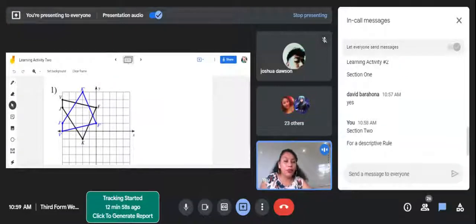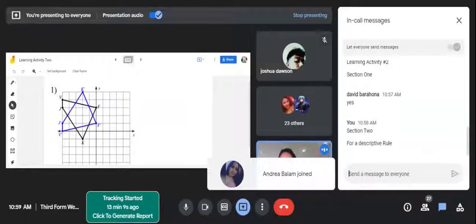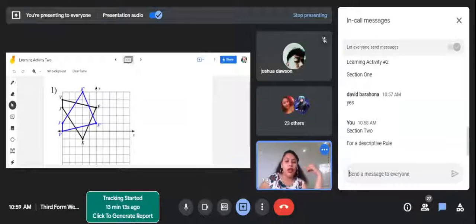Take a look at where F is and where F1 is, where K is and where K1 is, where J is and where J1 is, and where V is and where V1 is. Where do you see the reflection happening? The reflection line has to be exactly in the middle.